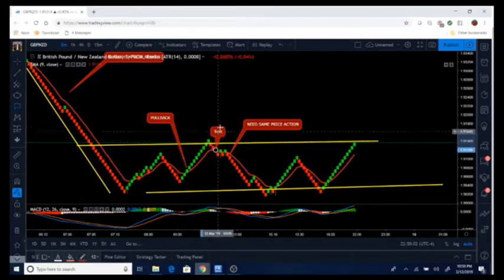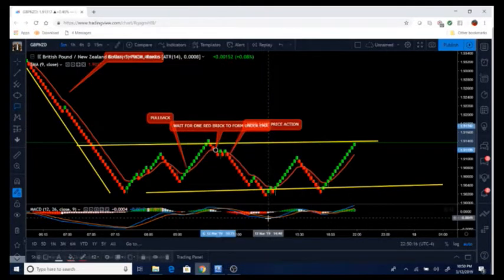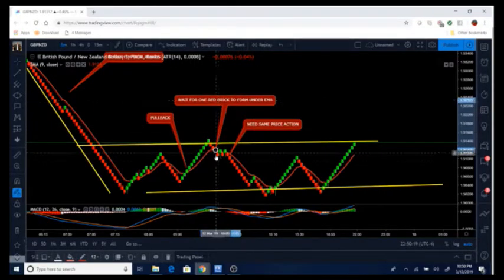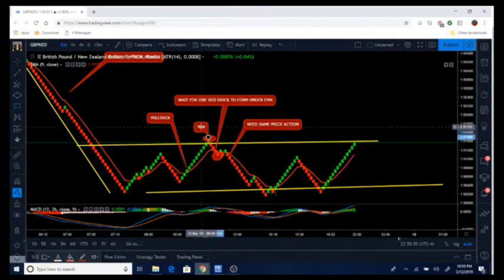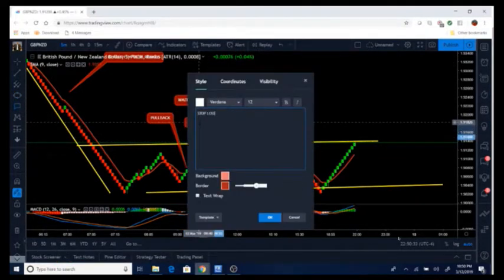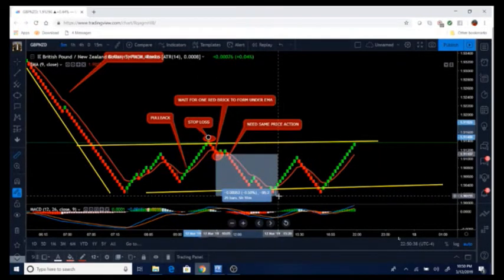So the moment one red brick formed back under that EMA, you can enter your sell. You enter your sell here. Your stop loss is right there. Stop loss is always above or below the previous high. And guess what? You catch this entire move down, about 90 pips right there, just on this flag.